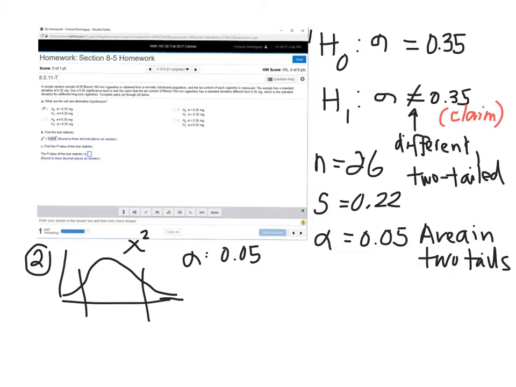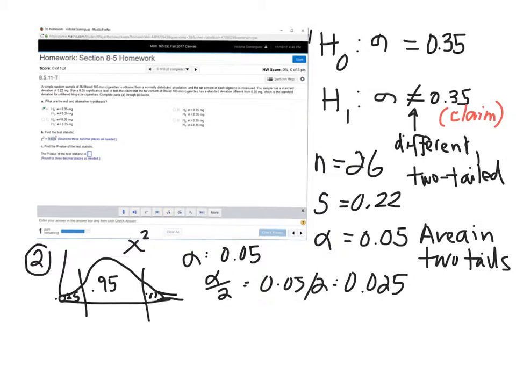So I take alpha and divide it by 2. 0.05 divided by 2 is 0.025. And that means there's 0.025 in my left tail and 0.025 in my right tail. In the center, then, there has to be 0.95.